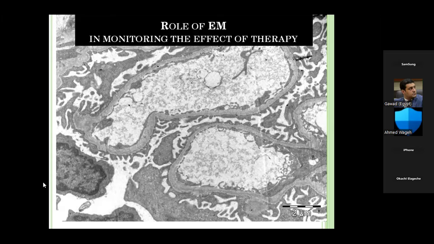And for myself, I saw that there is no role for steroids in cases of secondary focal segmental glomerulosclerosis, because it's not a primary case, it's secondary. But some of my colleagues told me that they use steroids, but with lower doses. Why? Because steroids have an effect on the cytoskeleton of podocytes.